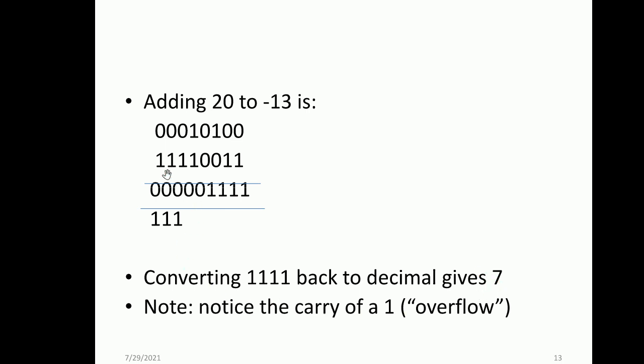And there's a bit of overflow here because when I'm doing the addition, I get more bits than I can really handle. That's what's called an overflow of bits, and I can ignore those. So converting these four bits back to decimal gives you 7. And that is correct. Take away 13 from 20 is indeed 7.